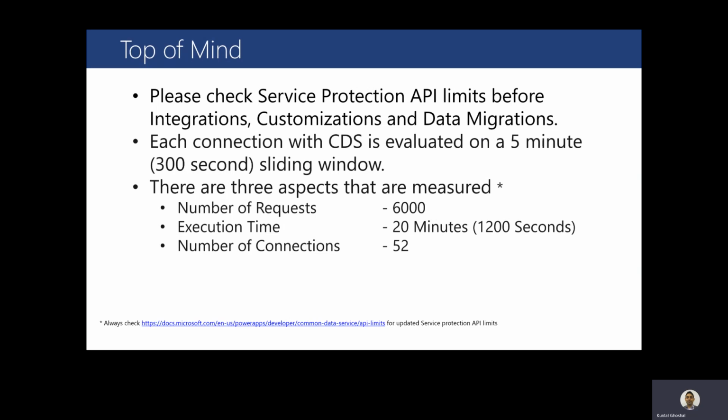One way to avoid it is to send batch requests for data migration. Definitely check our data migration TechTalk for best practices, but for data migration or integration, always determine a sweet spot with optimal settings of batch and parallel threads, so that you can avoid service protection API limits being kicked in.